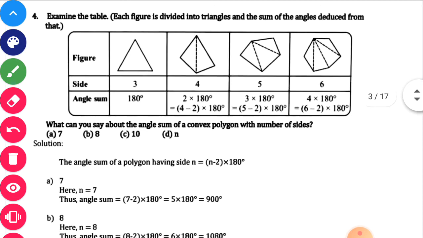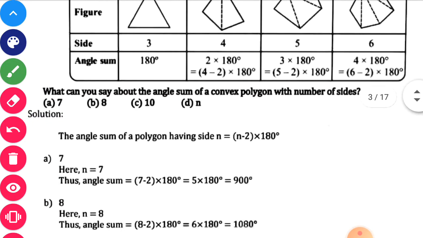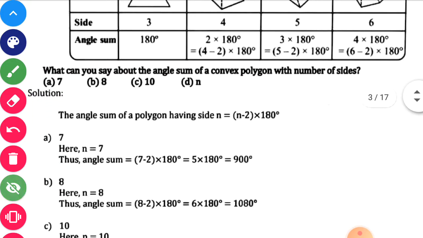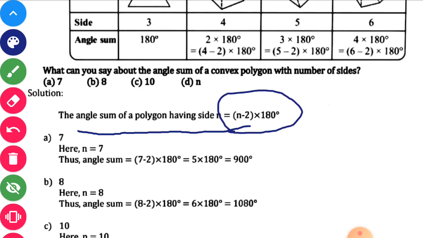So one general formula is there. The angle sum of a polygon having n sides is (n minus 2) into 180 degrees, where n is equal to the number of sides.